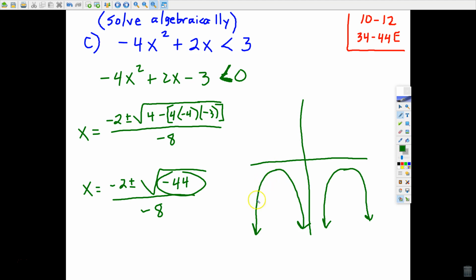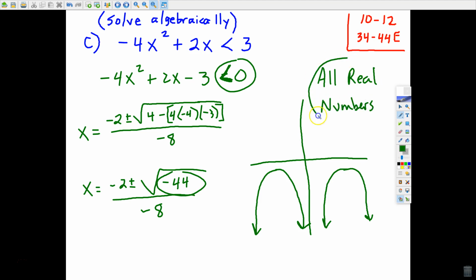So therefore, all of the points on this parabola fall below the x-axis. So this is one of those all real numbers cases. So I hope that makes sense. All right, and that's all I've got for you.